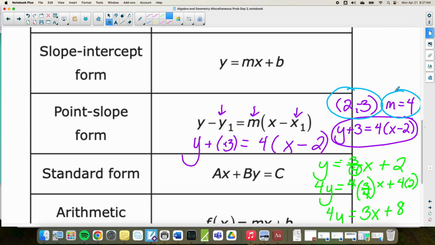You put the slope in right here, your x in right here, and your y in right here. Then all you do is, if you have a minus minus, you change it to a plus. That's all the simplifying you have to do. So this was minus a negative 3, so it became y plus 3 equals 4 times x minus 2.